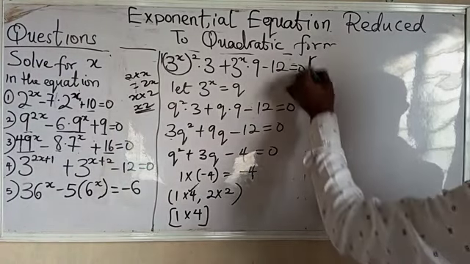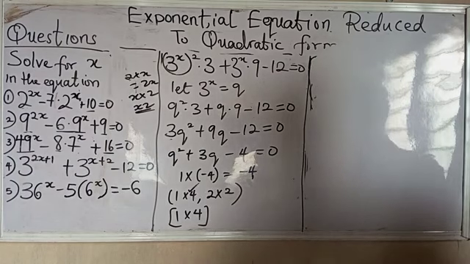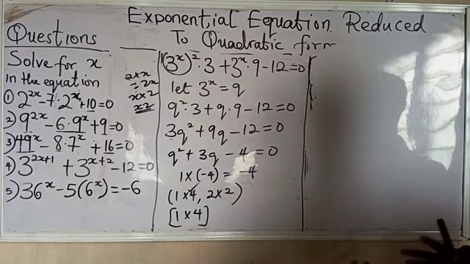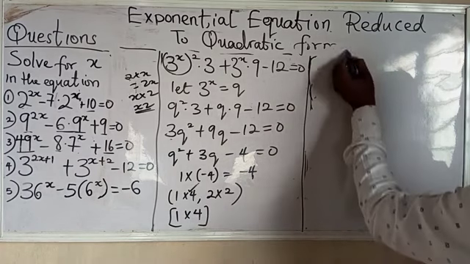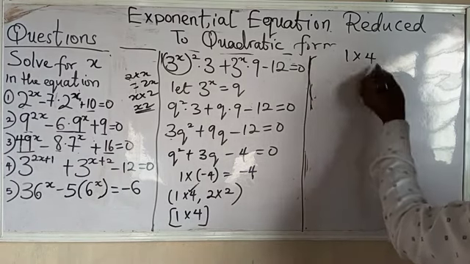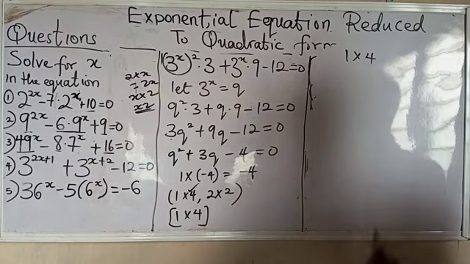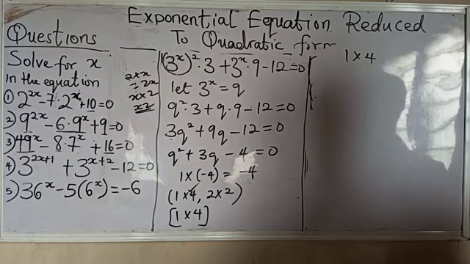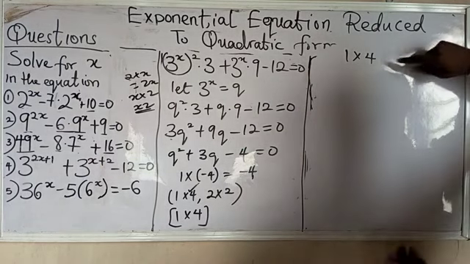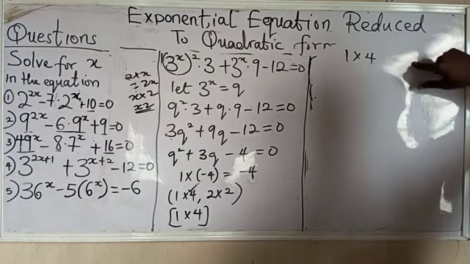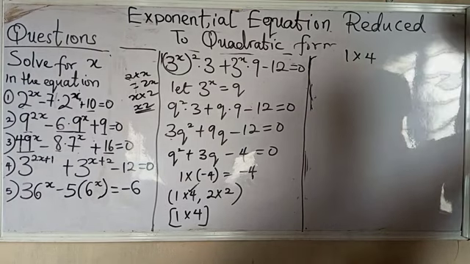Now the next thing we are going to do is put the signs in the right order, in such a way that when you multiply, it gives us minus 4, and when you add, it gives us plus 3.